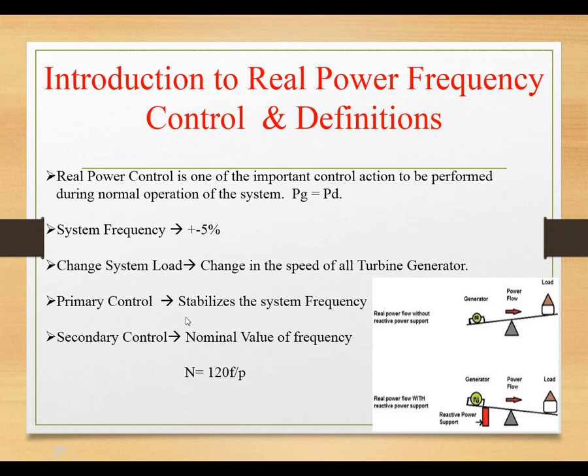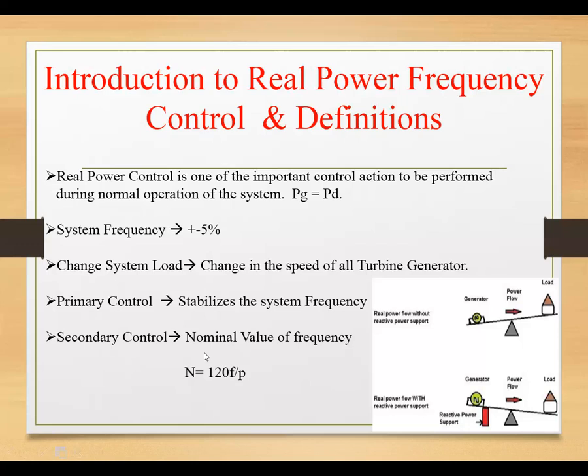In the primary control, the speed change from synchronous speed initiates the governor control action, resulting in all the participating generator turbine units taking up the change in load and stabilizing the system frequency.